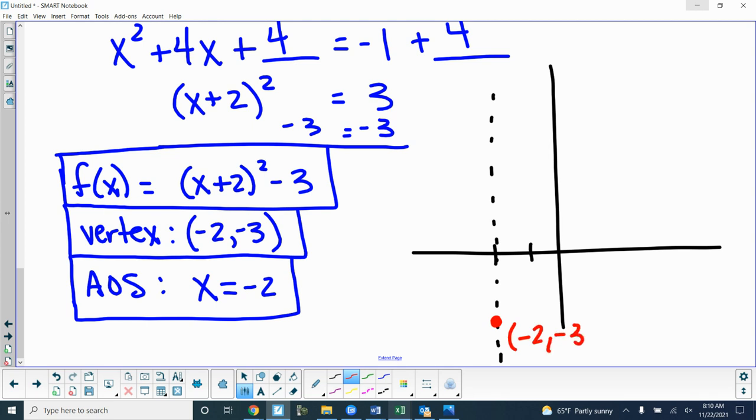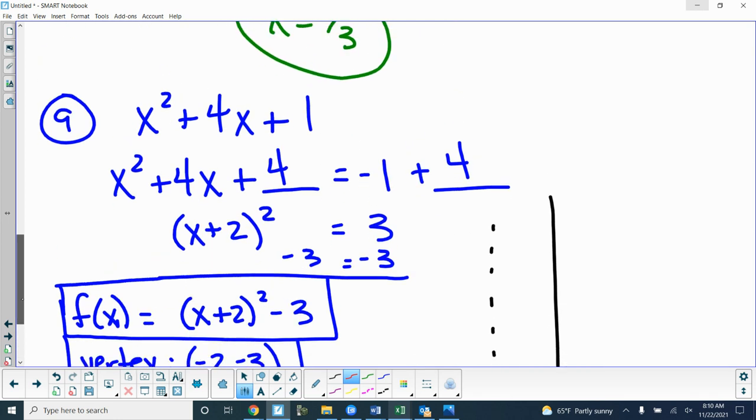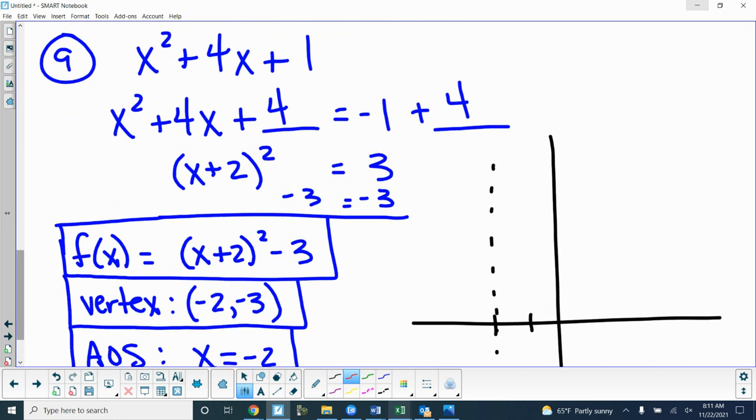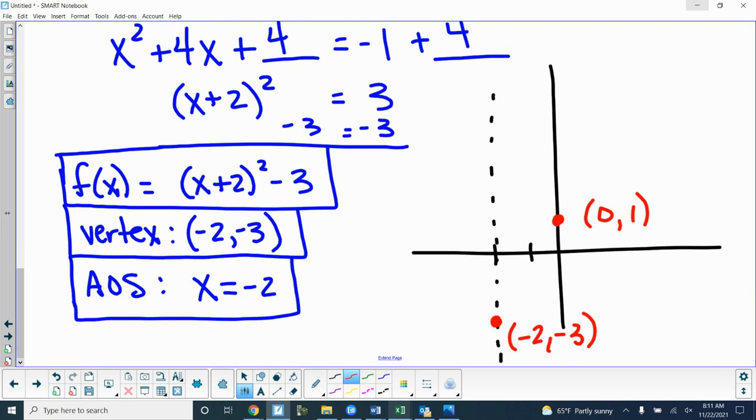So label it. All right, looking at the original problem, what's my y-intercept? 1, whatever this c value is, right? So right here is my y-intercept. How do I find that other point to make my parabola?